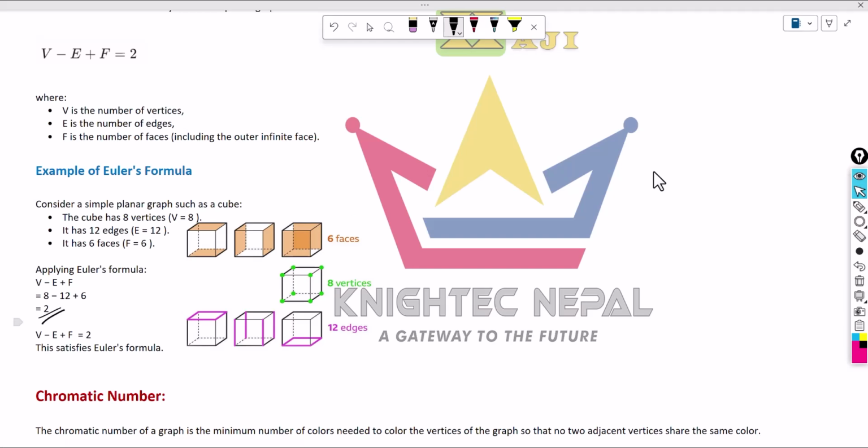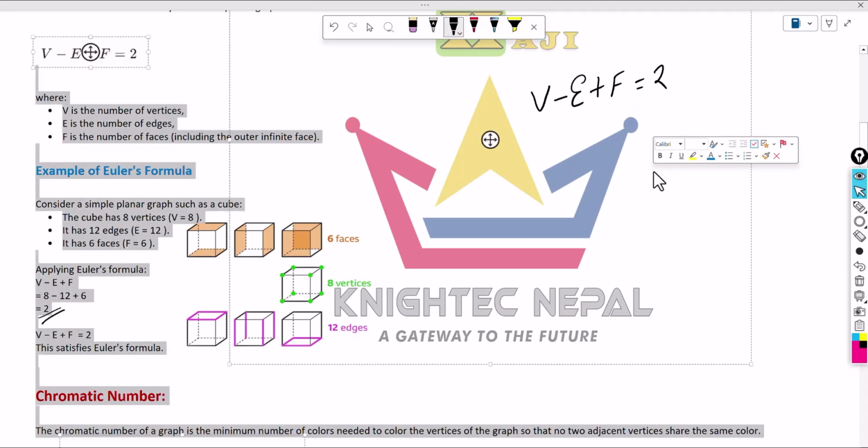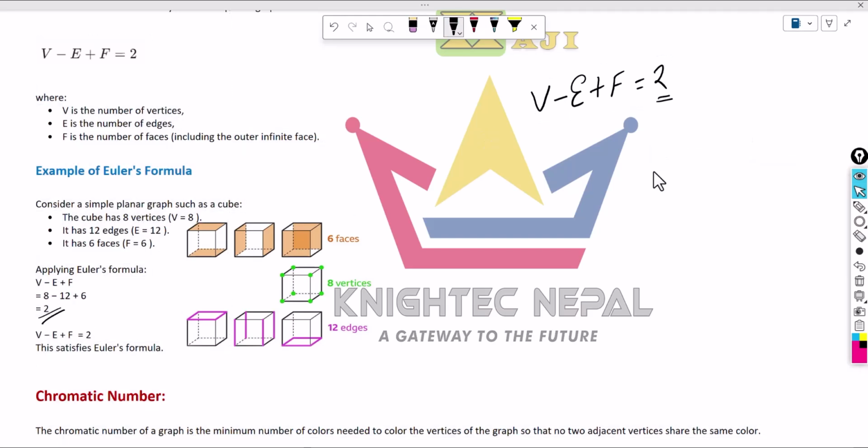So this satisfies the Euler formula. Using vertices minus edges plus faces equals 2, this is Euler's formula, and we get this 2 over here, right?